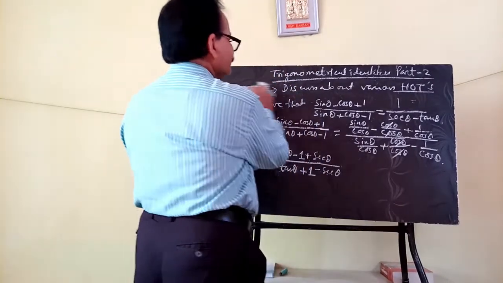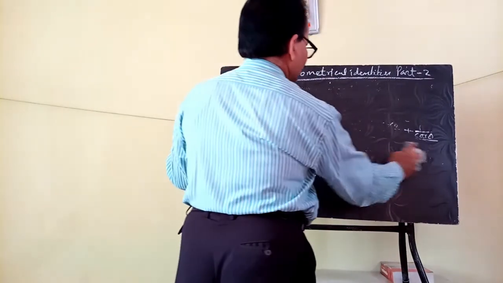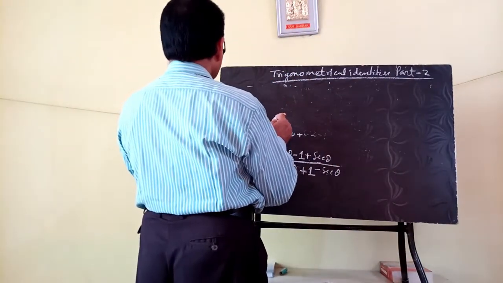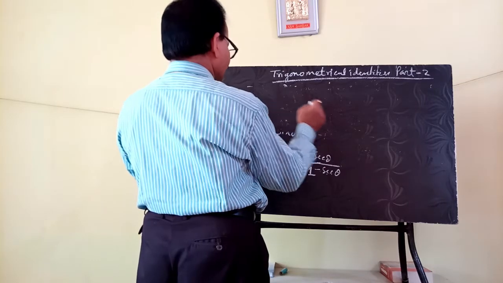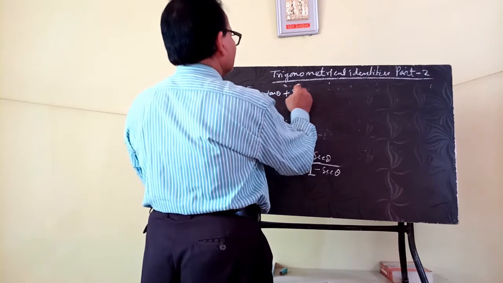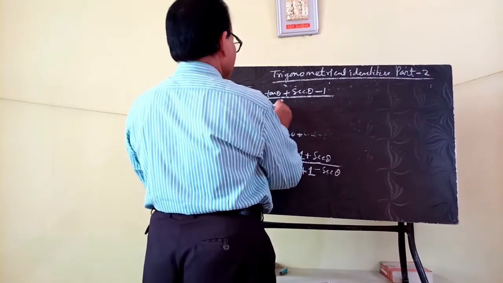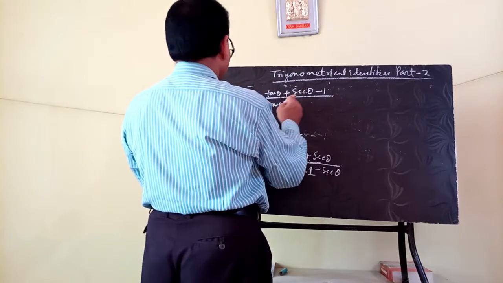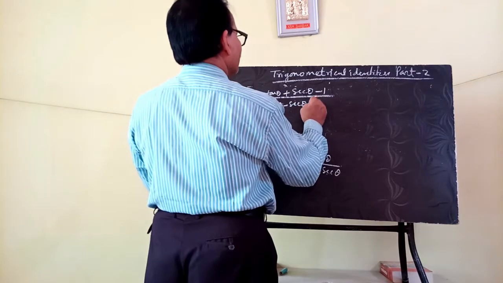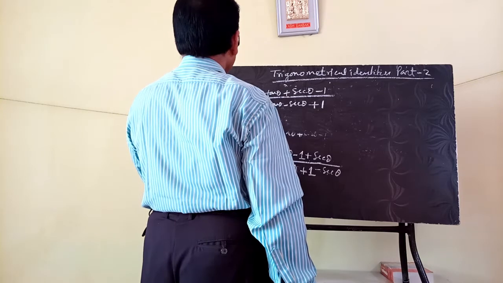After that, I may rewrite it as tan theta plus sec theta minus 1 over tan theta minus sec theta plus 1. So what will you do?